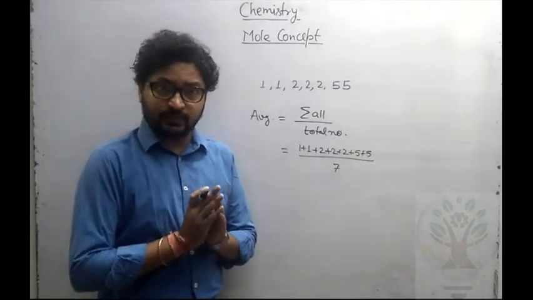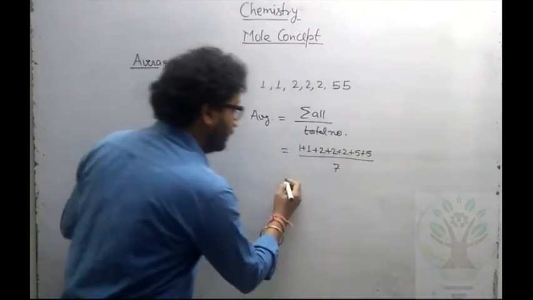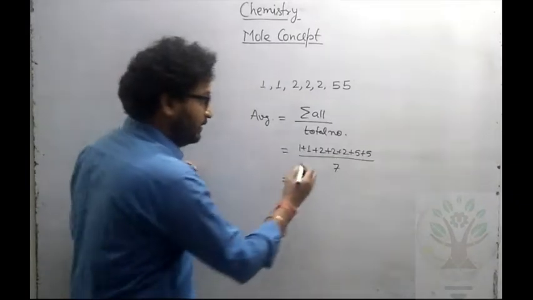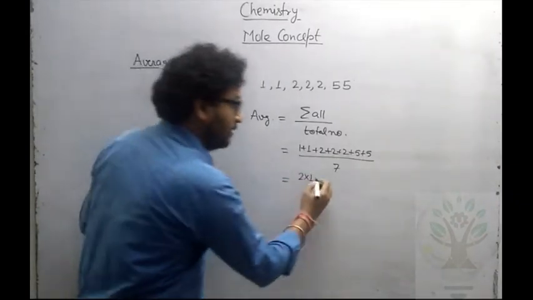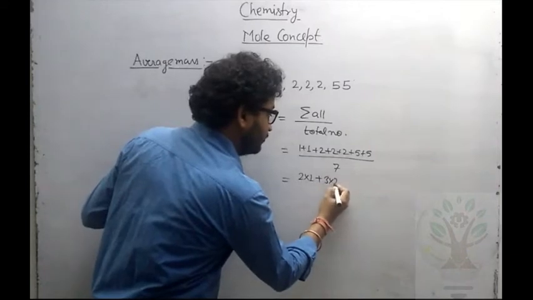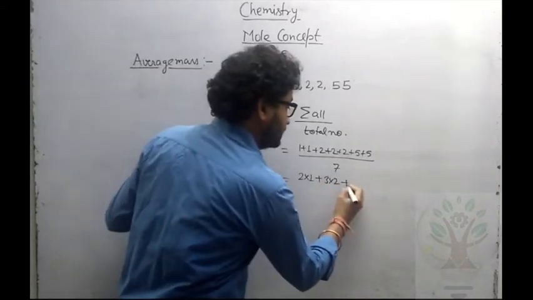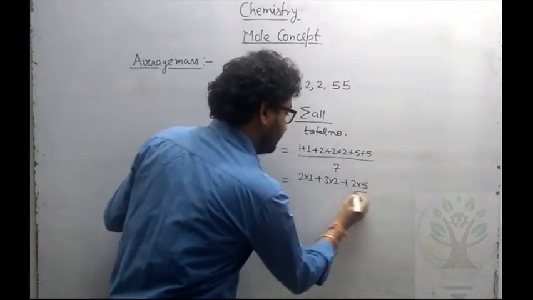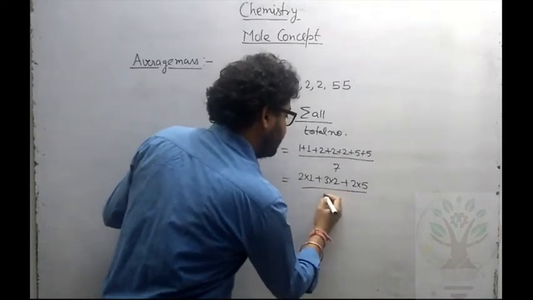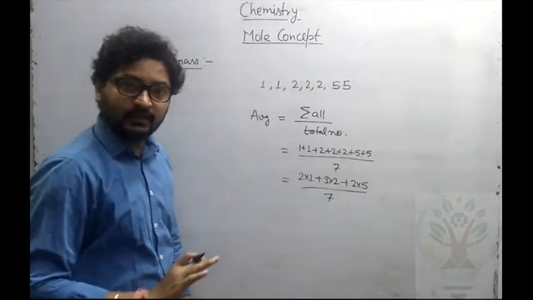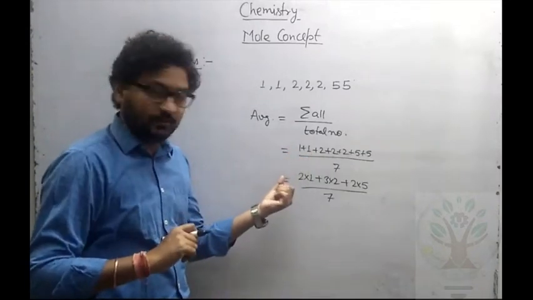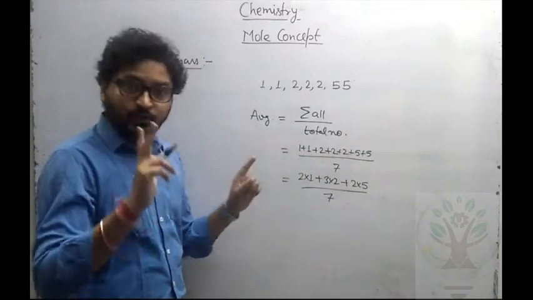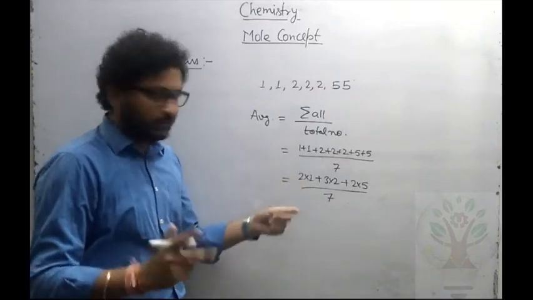I hope we already know this. Or you can write the very same thing in this manner: 2 into 1 plus 3 into 2 plus 2 into 5, divided by 7. Are you getting this? The 2 here is how many times the number 1 is repeated. It is coming 2 times, so I write 2 into 1.